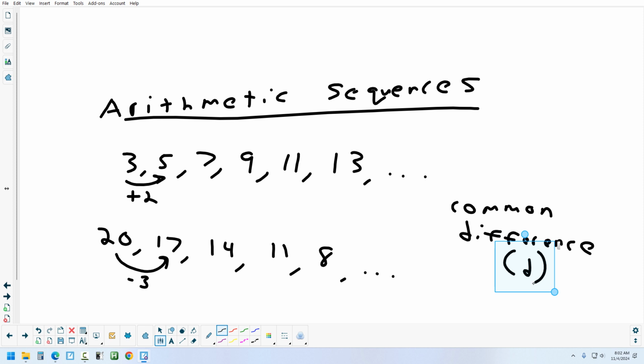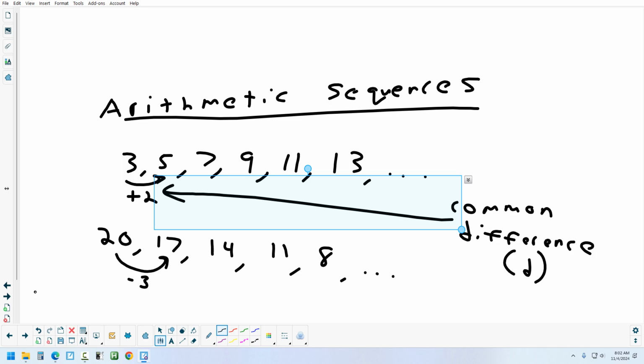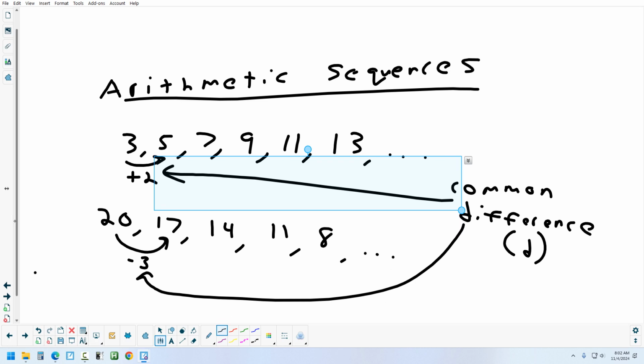Again, the letter we usually use for that is D. So in the top one, we would say the common difference is positive 2. And in the bottom one, the common difference is negative 3. Any questions on that? I think as far as review, that's all you really need to know. Common difference, yeah, that's it.